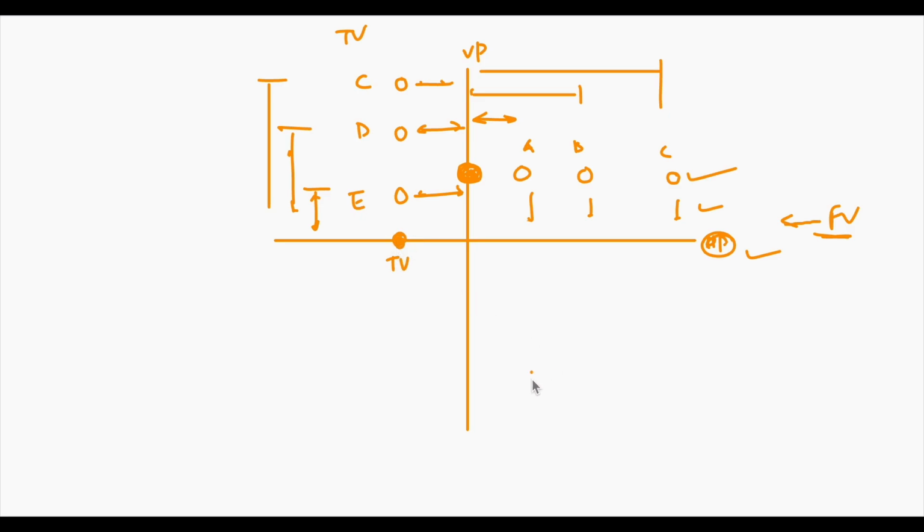So front view is nothing but a relation of object with respect to HP, and top view is going to be relation of object with respect to VP.